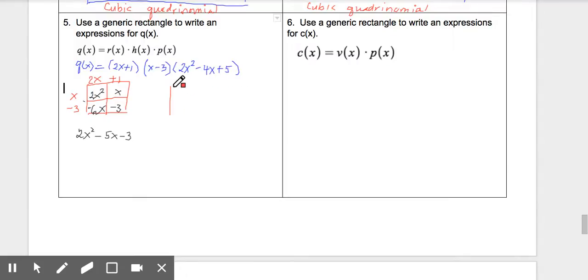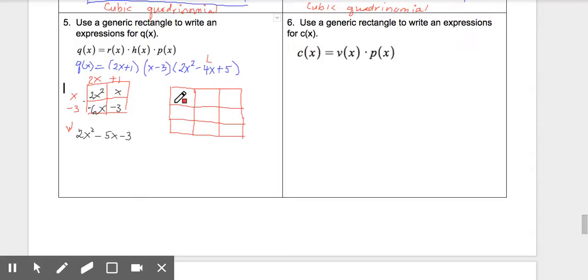So we're going to make a bigger rectangle here. And we can think of this as the length and this as the width. So we have a trinomial for the length and a trinomial also for the width. So both length and width will have 3 partitions.